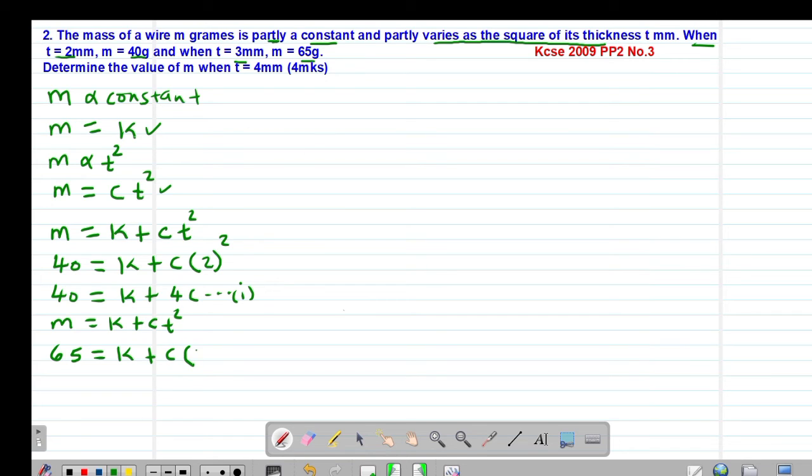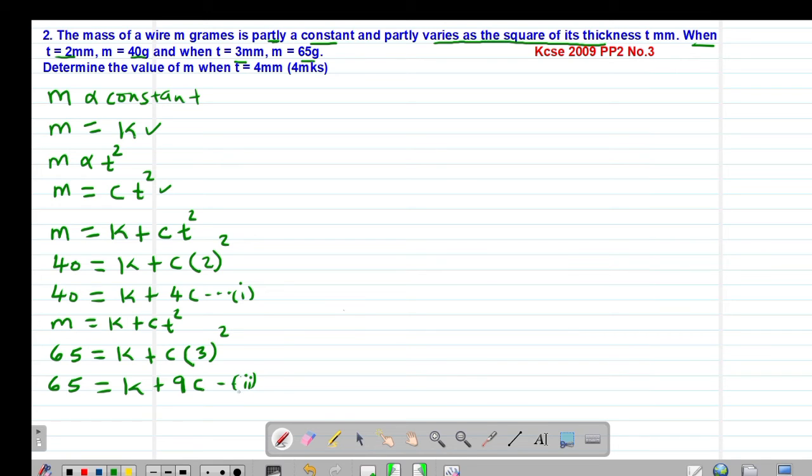So this will be 3 squared. So this will be 65 being equal to the constant K, plus 3 squared, I'm going to get 9C. So this will be my equation Roman 2.